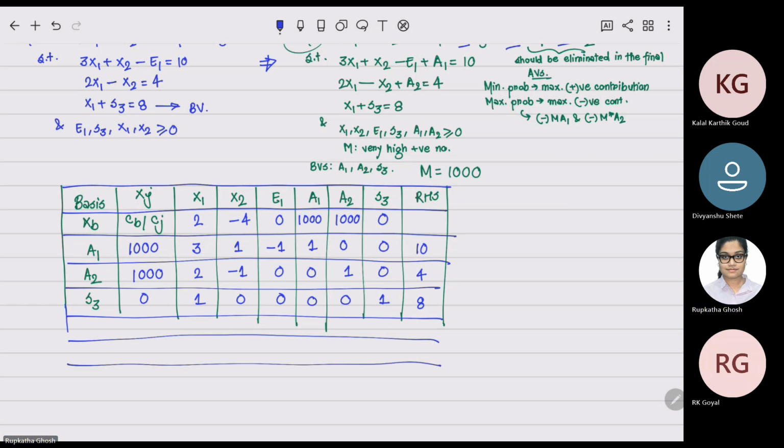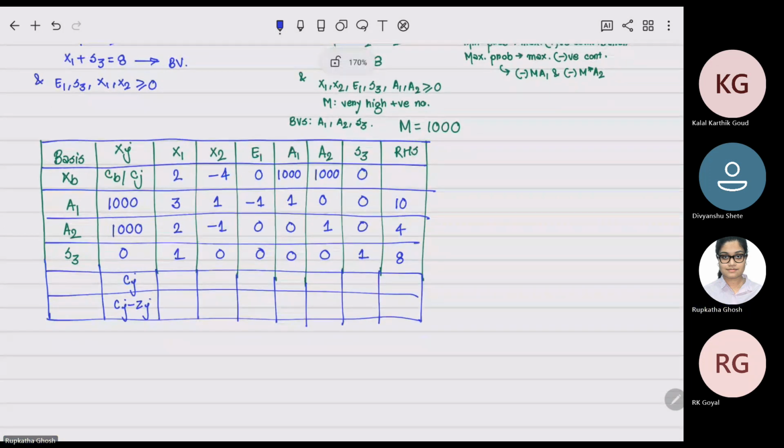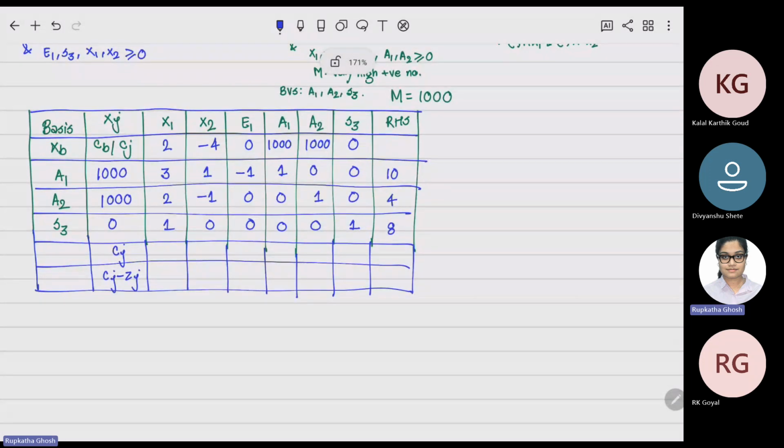Now, there are two more rows that you have to add here. One is Cj, another is Cj minus Zj. Now, what are these? The only way to change the current basic feasible solution is to do what?